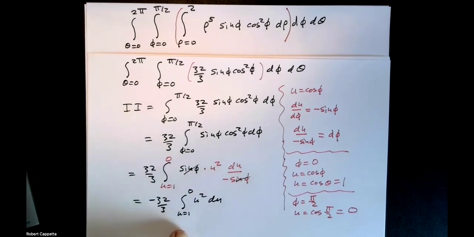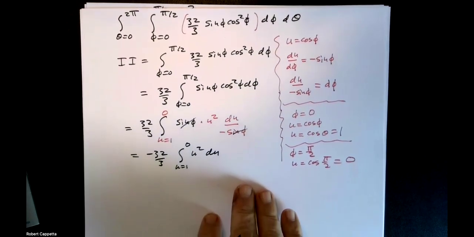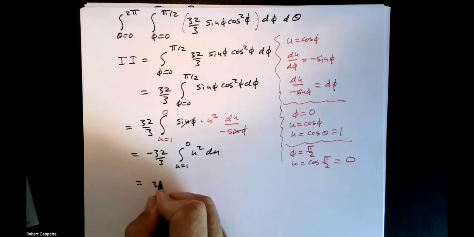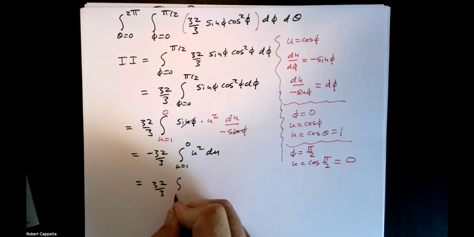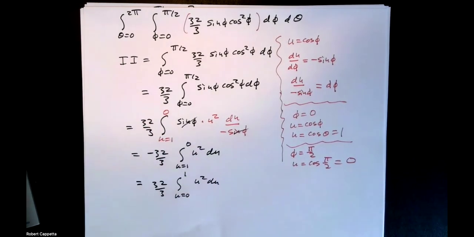But I don't like the fact that this is going backwards. I'd rather have it go from 0 to 1 than from 1 to 0. So if I switch the order, I have to multiply by negative 1, making this positive 32 thirds, integral of u squared du from 0 to 1.